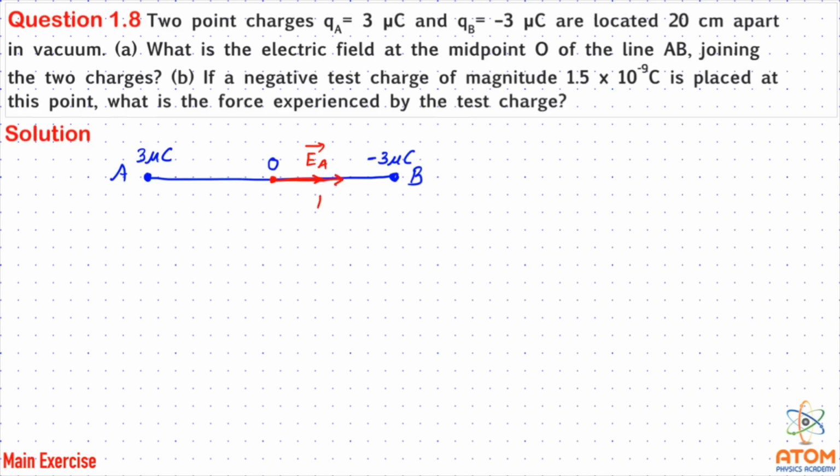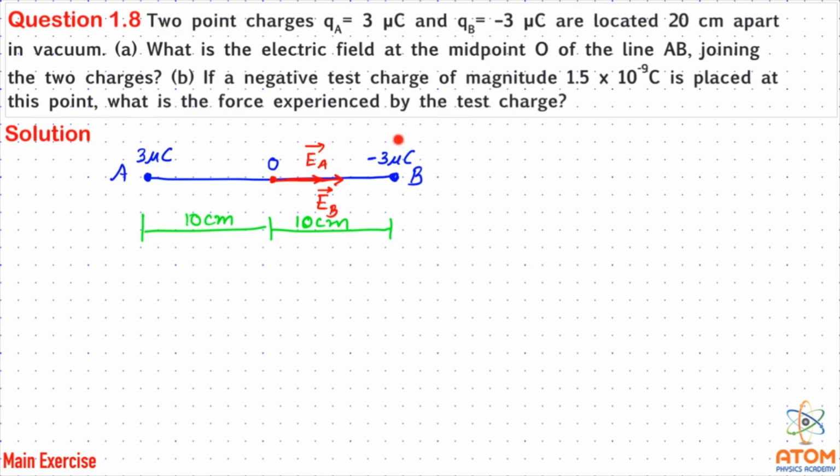This is EB. Let me make one thing clear here, that this distance will be 10 centimeter and this will be also 10 centimeter. Both will be 10 centimeter because the total distance is 20 centimeter, and it is said that O is the midpoint. So both will have 10 centimeter. Now look here.